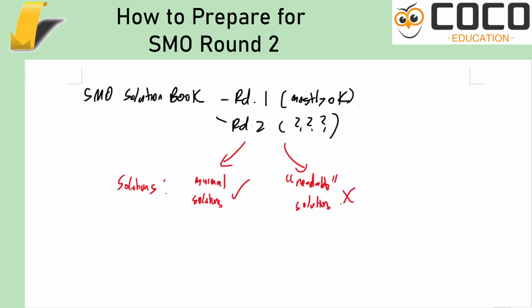Now, what I mean by minimal solutions is that if you were to submit the solution that was in the SMO solution book, you would get 10 marks. A readable solution is something that I can understand.